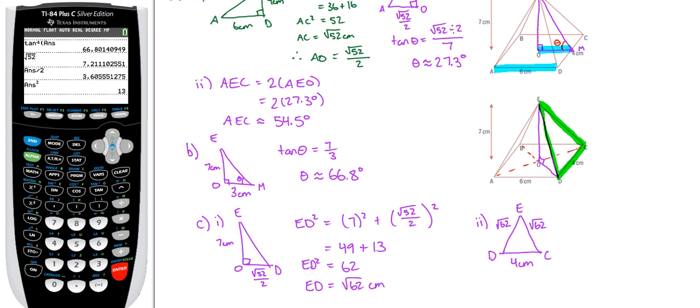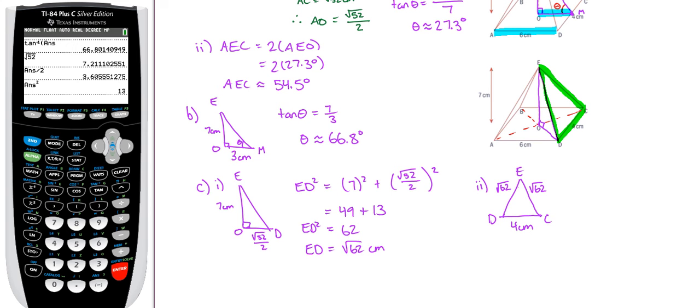Now, the angle I'm going for here is DEC. So I'm looking for the angle at the top here. And when I know all three sides, it's important to remember that this one is not a right angled triangle. So I know three sides, it's not a right angled triangle, which means this is a case for the cosine law. So cos of theta is going to be root 62 squared plus root 62 squared minus 4 squared over 2 times root 62 times root 62.